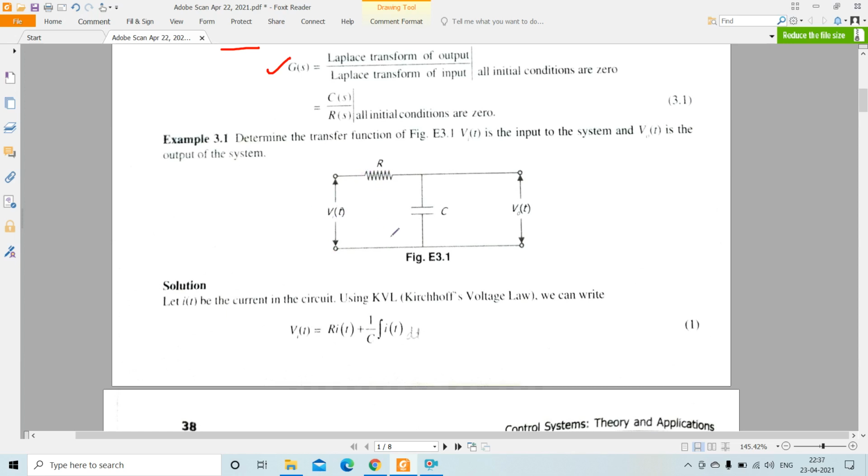Okay, so if we apply KVL equation in these two loops, the KVL equation for the first loop is Vi(t) is equal to R into i(t) plus 1 by C integration i(t) dt.